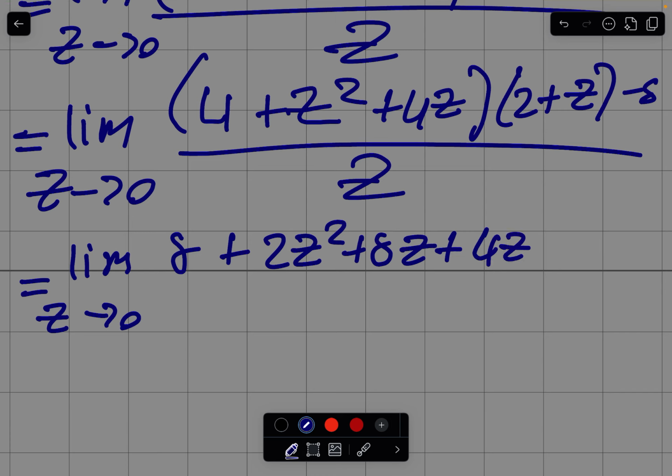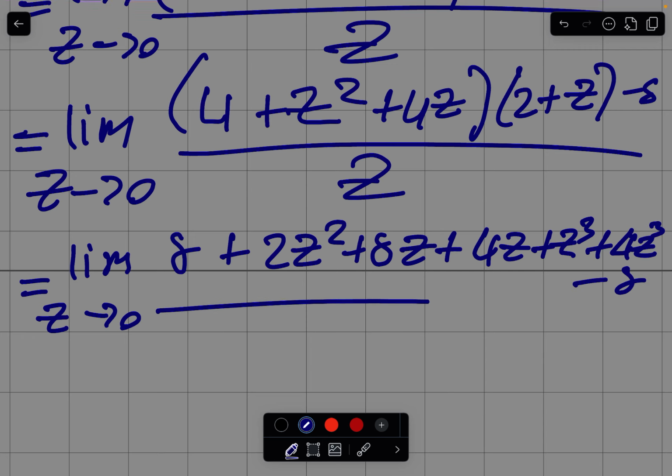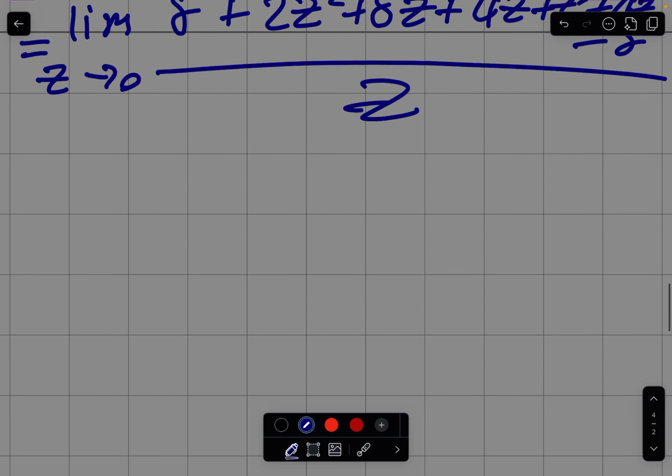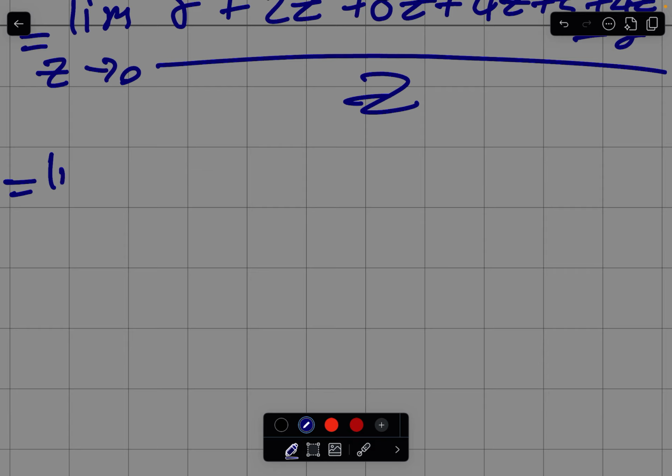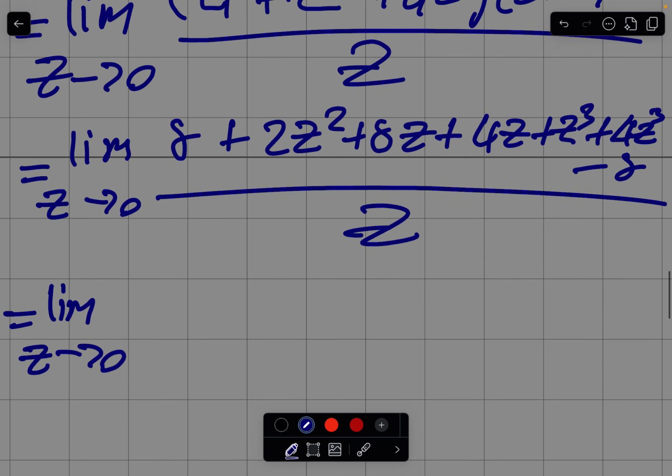4z. Then z squared plus z, which is z cubed. Therefore, 4z multiplied by z plus 4z cubed minus 8, all divided by z. We are going to have the limit as z approaches 0.